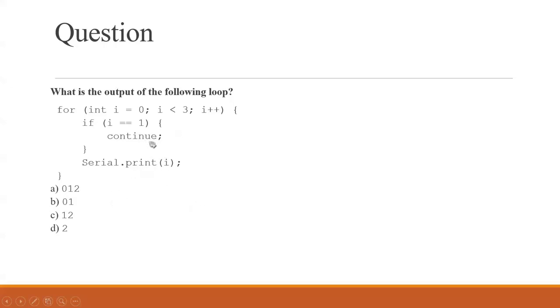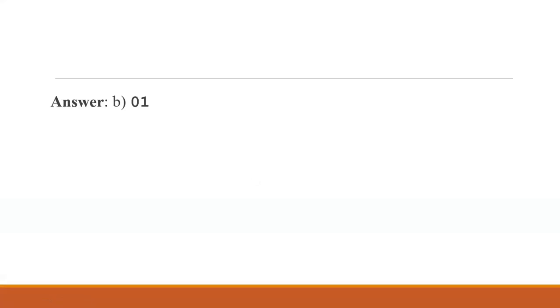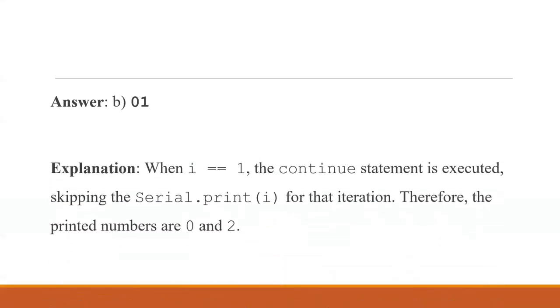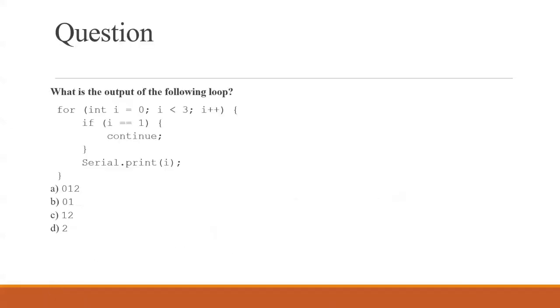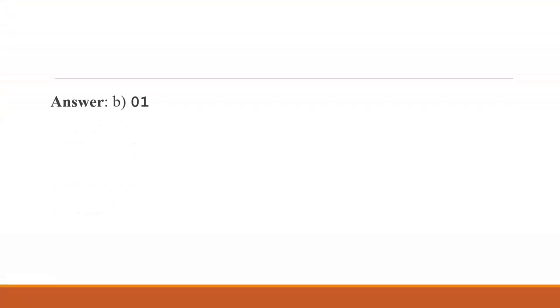So once you have started from 0, you have reached 1, so you will skip i equals 2. And so the answer will be 0, 1. And when i is equal to 1, as we have said, the continue statement is executed, skipping the serial print for that iteration. And therefore, the numbers are 0 and 1.